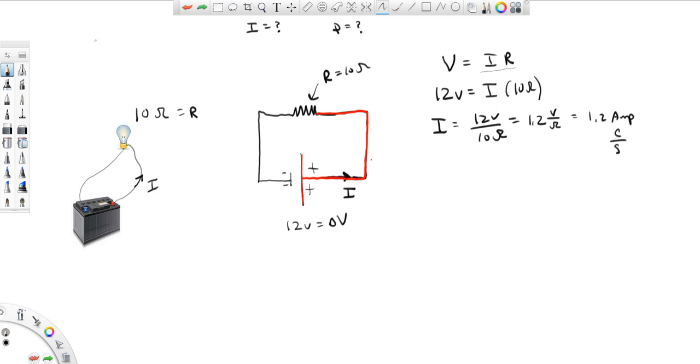All right, second thing here, power. Power can be calculated a couple ways: current squared times resistance, or current times voltage. Either of these should give us the same value. I'm going to go ahead and use the 1.2 amps squared times the resistance, which is in ohms.